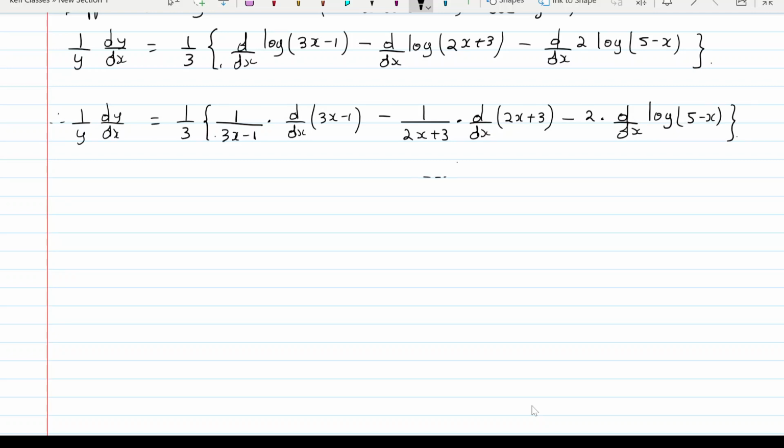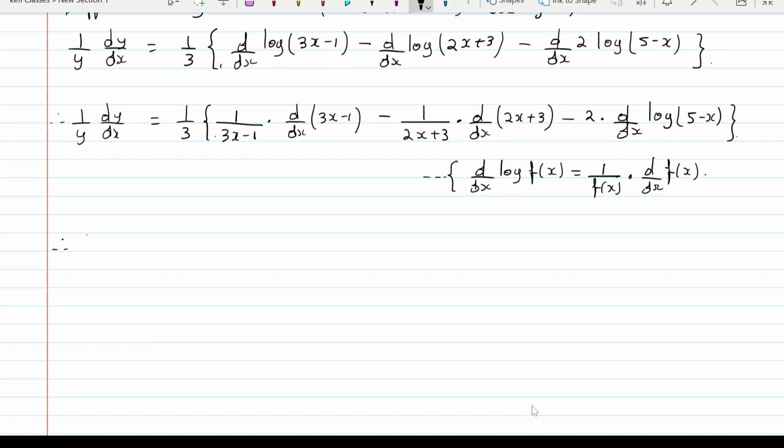The reason for this is d by dx of log f of x is 1 upon f of x into d by dx of f of x.